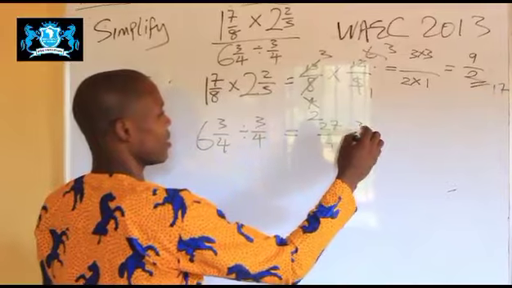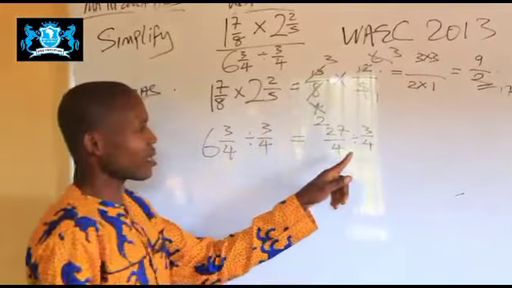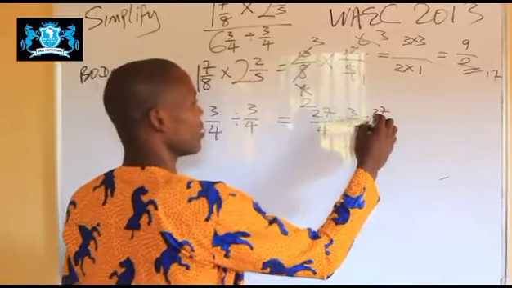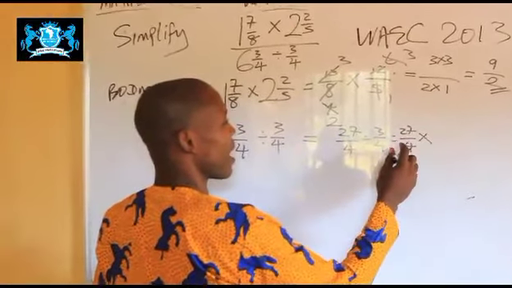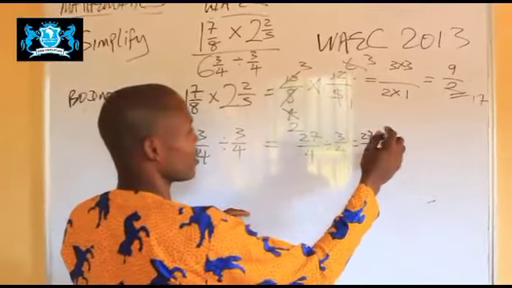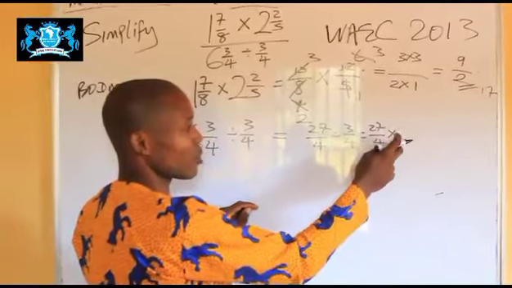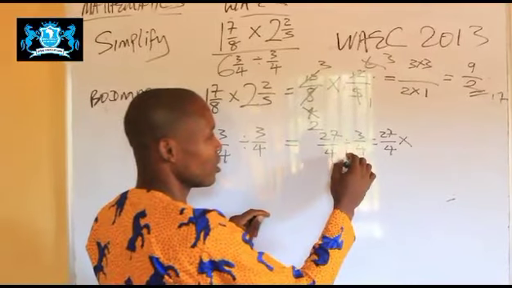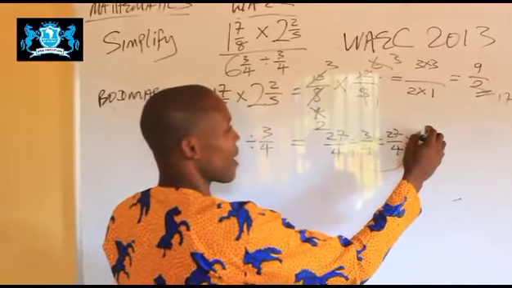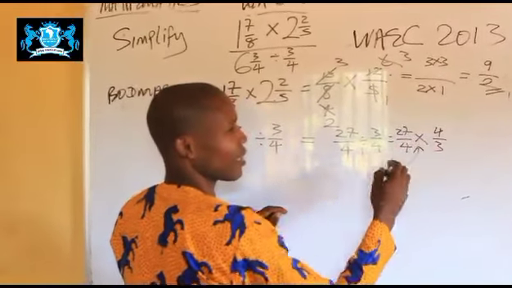Divided by 3/4. Let us change the division to multiplication. It will now be 27/4 multiplied by 4 will go up while 3 comes down. So because we have changed division to multiplication, it will now be multiplied by 4 all over 3.